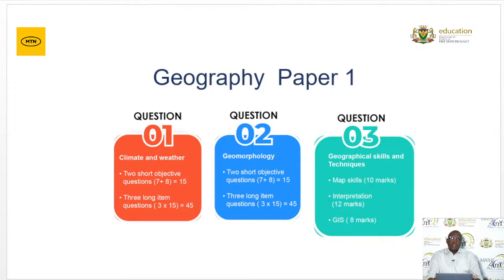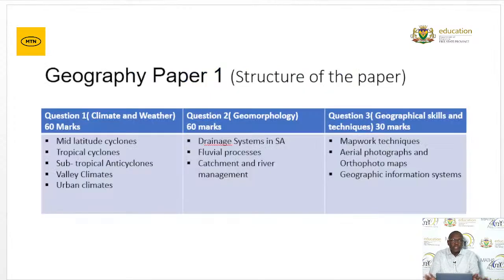Remember here, if we are talking about paper 1, we'll only focus on climate and weather and geomorphology in terms of interpretation. We don't include anything from paper 2. And then the last sub-question will be 8 marks, which is GIS.